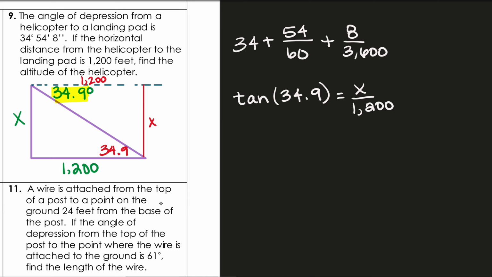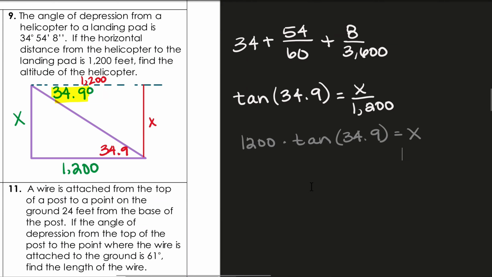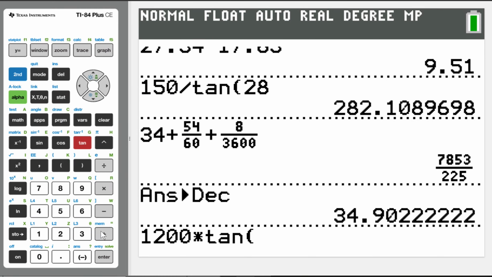Now I can cross multiply, so I have 1200 times tangent of 34.9 equals x. So I'll type that in on my calculator: 1200 times the tangent, let's make sure I have my angle right, 34.9.